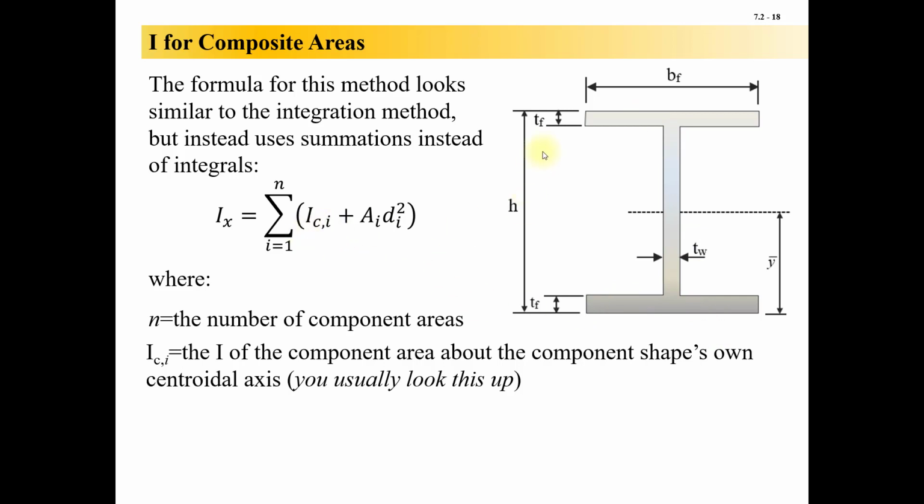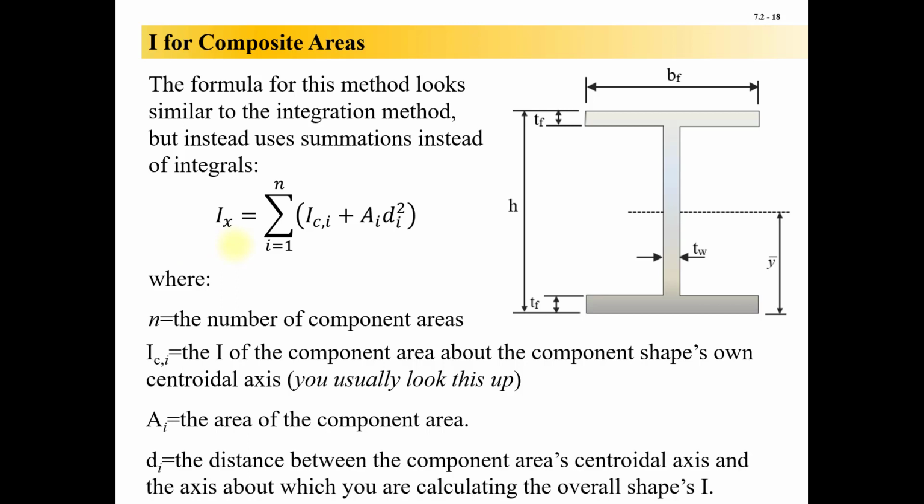That's maybe I sub C1, right? And then you got I sub C2 would be this one. I sub C3 would be this one. And to that, you add the area times the distance between their centroidal axis and the overall axis that you're trying to find the moment of inertia about, and square that. A is the area of the component area, pretty basic. There's that distance that we just talked about.